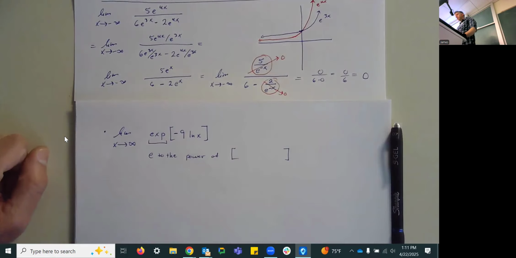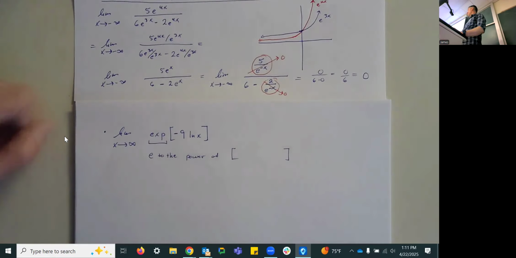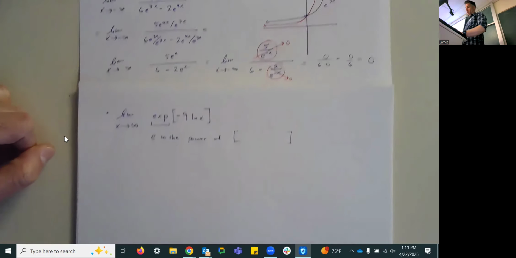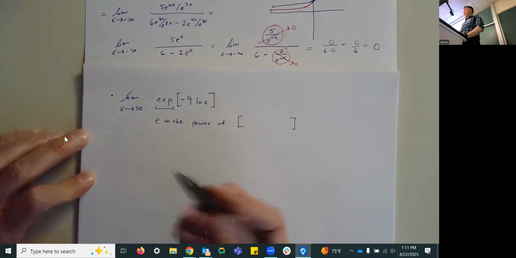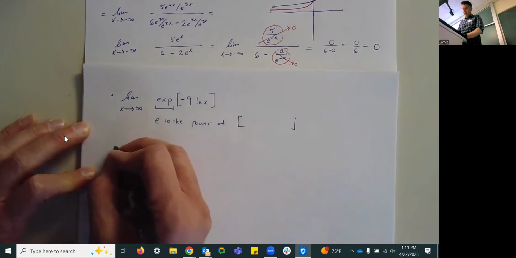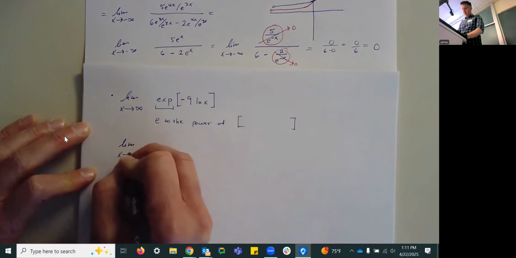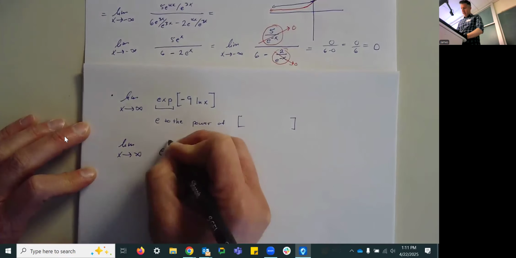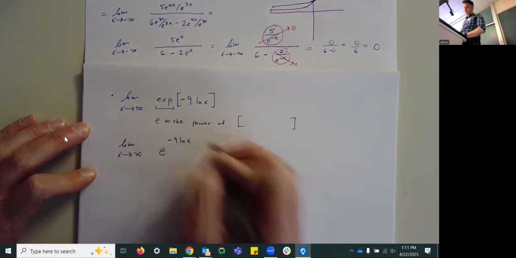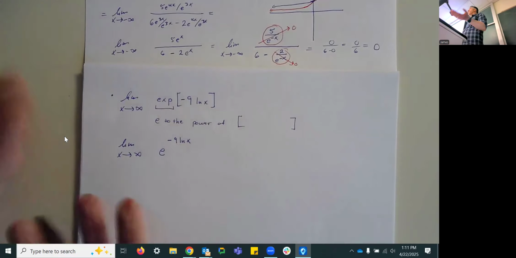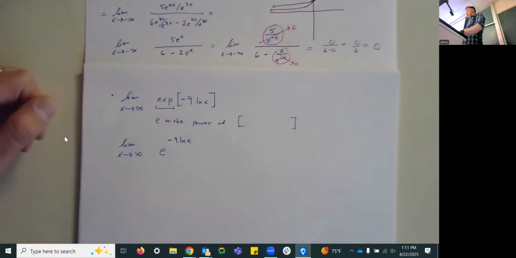So it's really just some notation someone came up with to make it easier to write this thing at some point. So if it were me, I would rewrite it. I would rewrite this as the limit as x goes to infinity of e to the -9 natural log of x. Just because that way of writing it makes more sense to me.